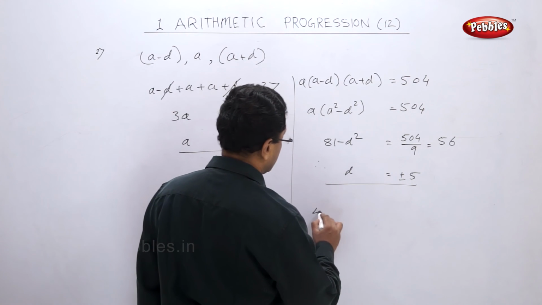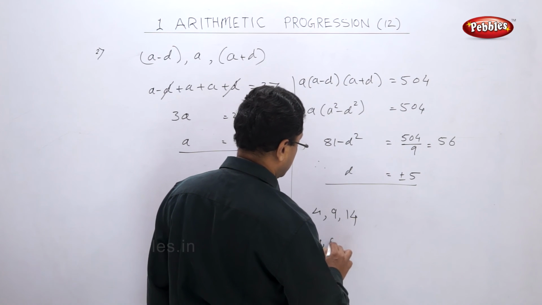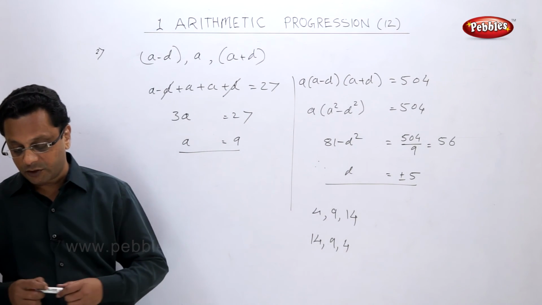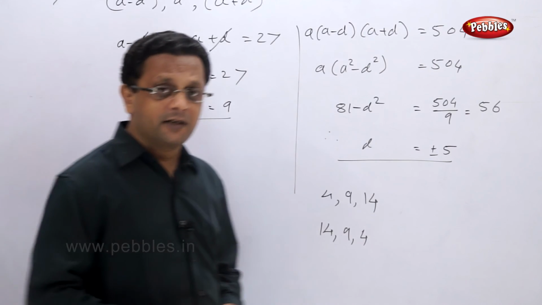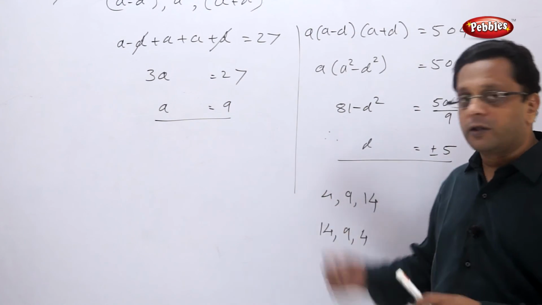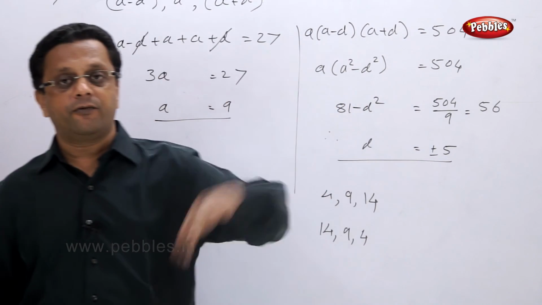Answer is 4, 9, 14 and 14, 9, 4. These are the three consecutive numbers. So you have to write the answer in a full sentence. The three consecutive numbers are 4, 9 and 14, or the three consecutive numbers are 14, 9 and 4.